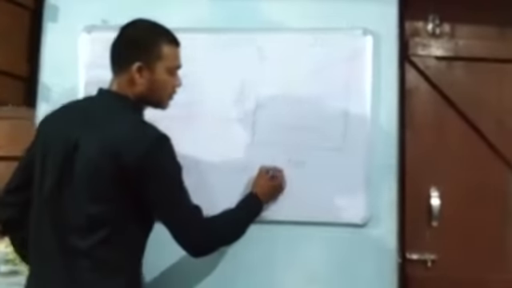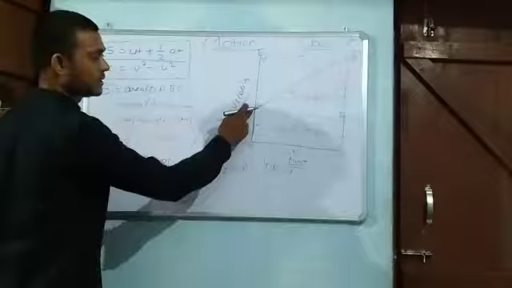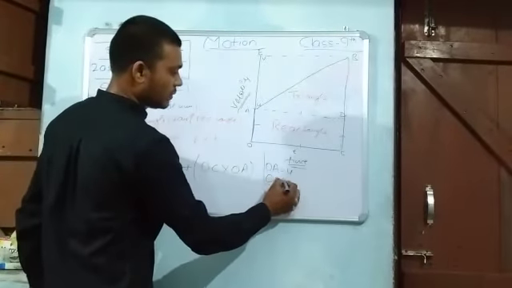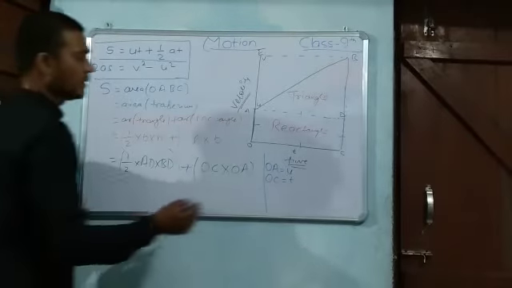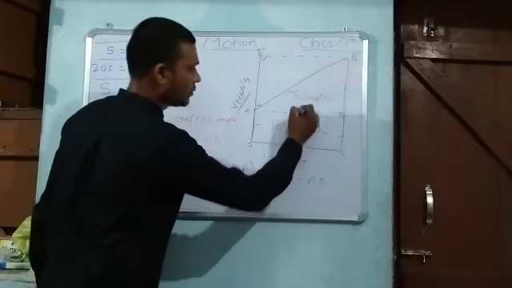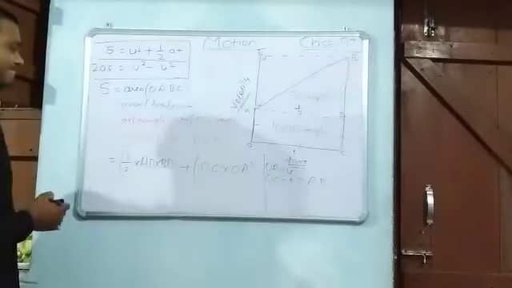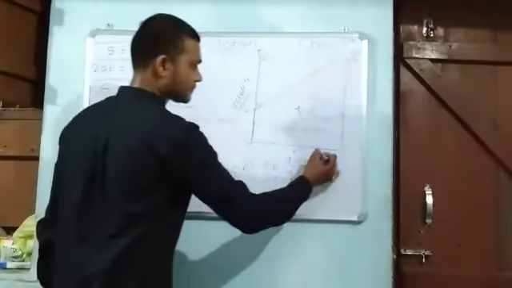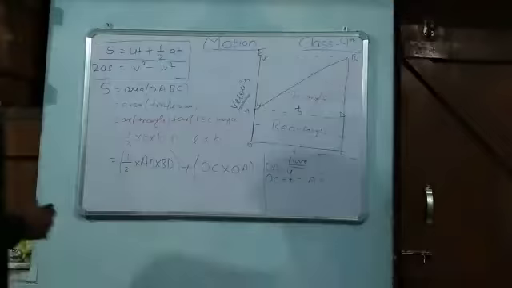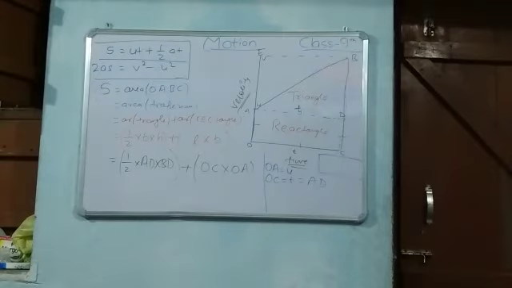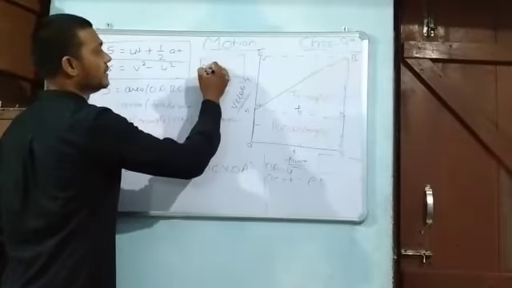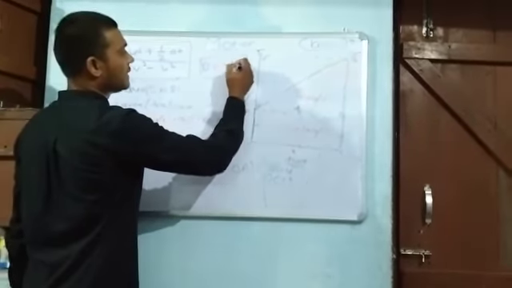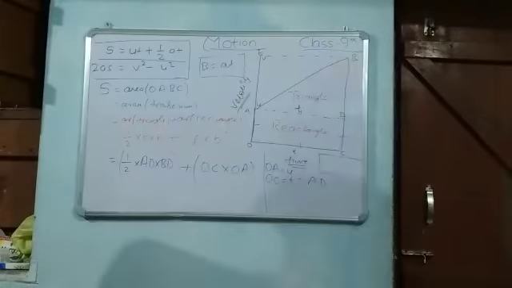So OA is equal to the initial velocity of an object, OC is equal to time, and AD is also taken as time. And we know the value of BD; in the previous lecture we got the value of BD. BD is equal to AT.